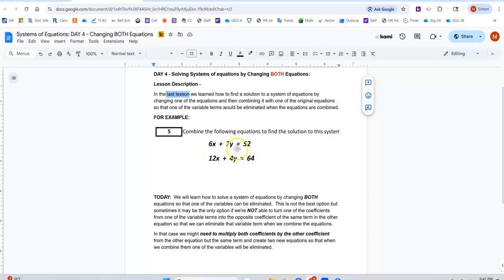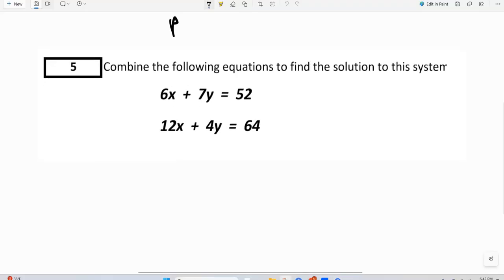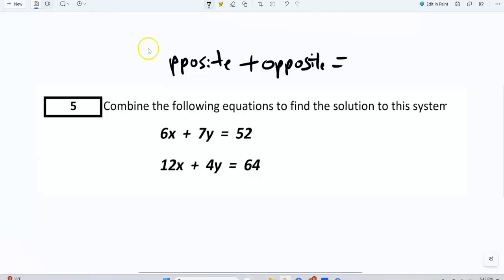So in the last lesson, we learned how we can change the 6x into a 12x, but actually a negative 12x because we want the opposite. So remember, our goal is to get opposite plus opposite equals 0. Our goal is to eliminate something by going opposite.